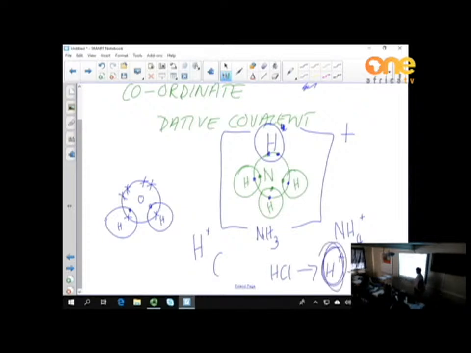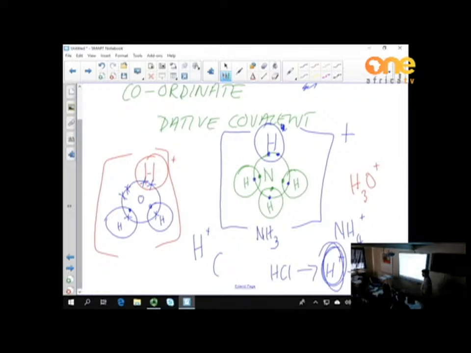A proton attaches to the water, so I have a hydrogen ion floating about, and it goes and climbs on there, and there is the H3O hydronium or oxonium molecule. Yes, that is a coordinate or a dative covalent bond. Both the shared electrons come from 1 atom only.